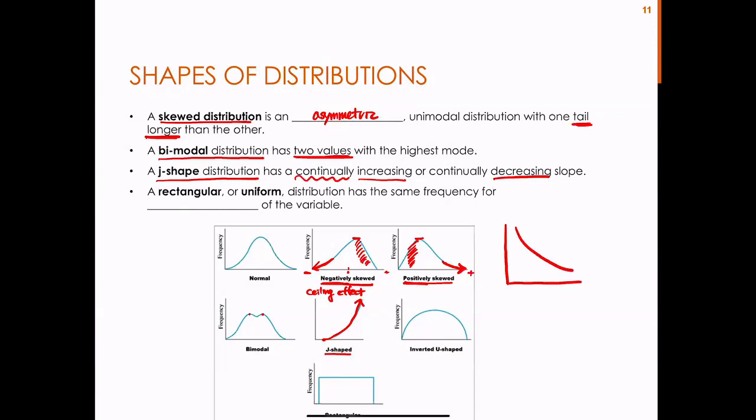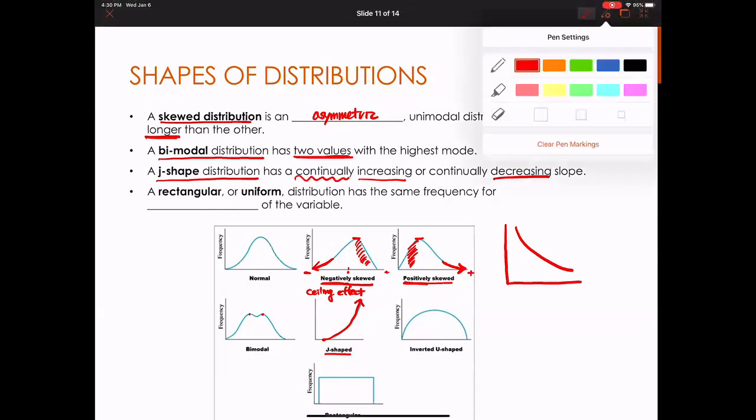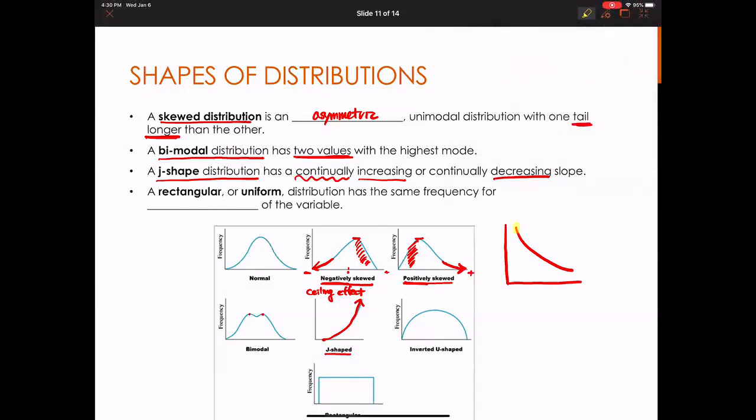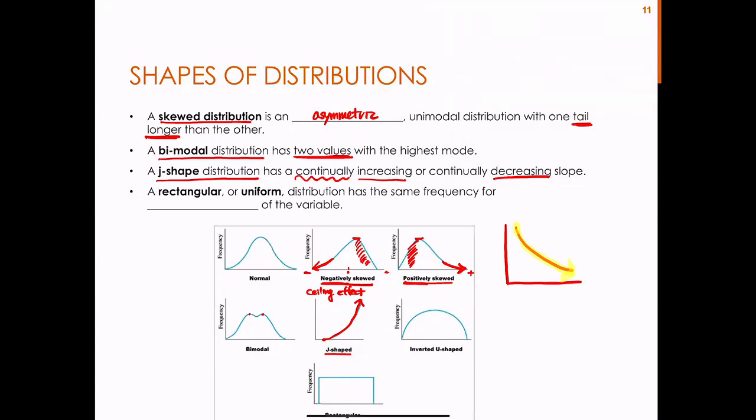So it starts at the maximum and decreases down to the minimum. And it is called the floor effect. So this is also J-shaped, but the opposite side of J-shaped.